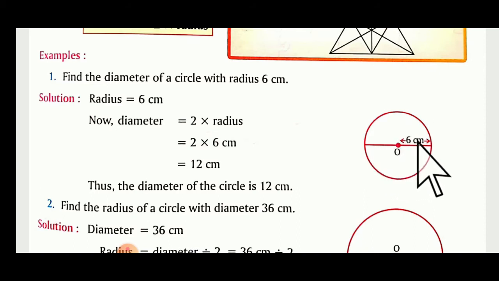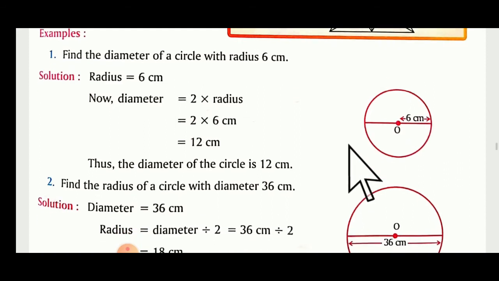So, what is given? Radius is equal to 6 cm. Diameter means the biggest length we are finding. How? 2 times the radius. 2 into radius. 2 is the formula. It never changes, into 6. 6 is the given length. 2 sixes are 12. That is called diameter. If you measure from one end to the other end, that will be 12 centimeter.